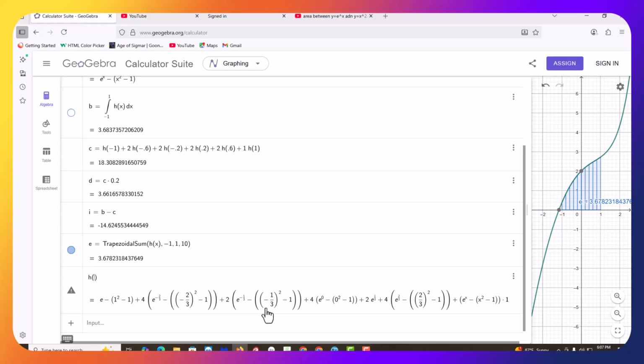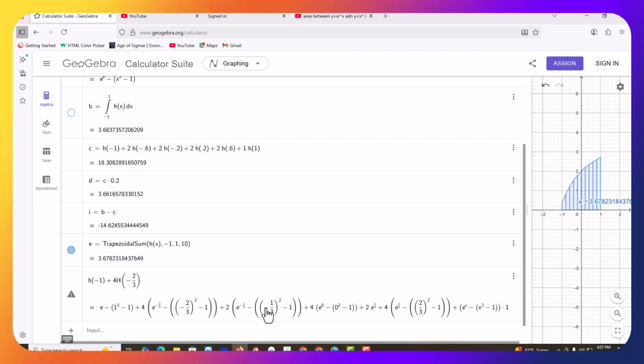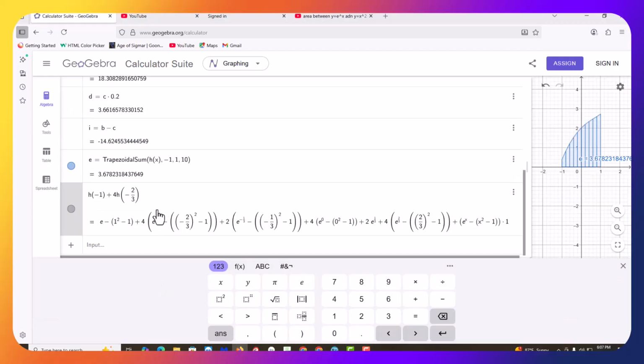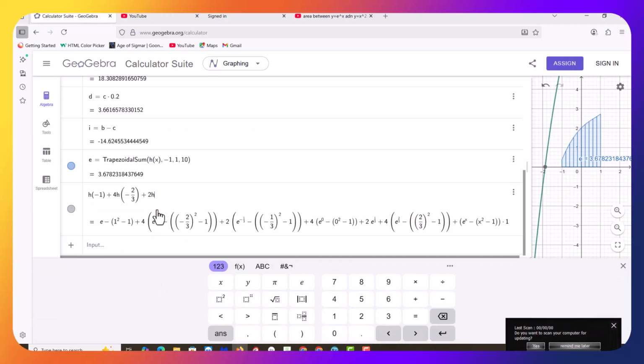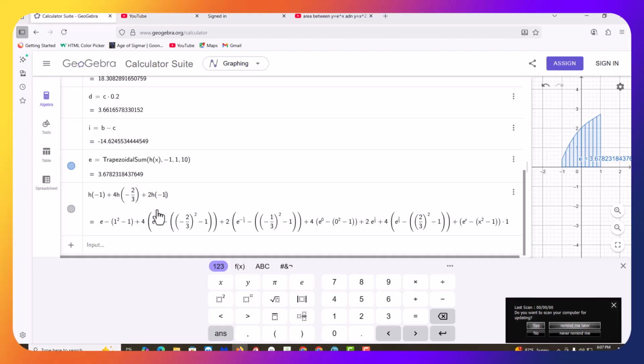H of negative 1. And that happens. You make mistakes when you're typing and you have to redo it. H of negative 2/3. Okay. Now let's get out of that. Oops, and not capital H, small h. Plus 2 times the function at negative a third. Plus 4 times the function at 0.